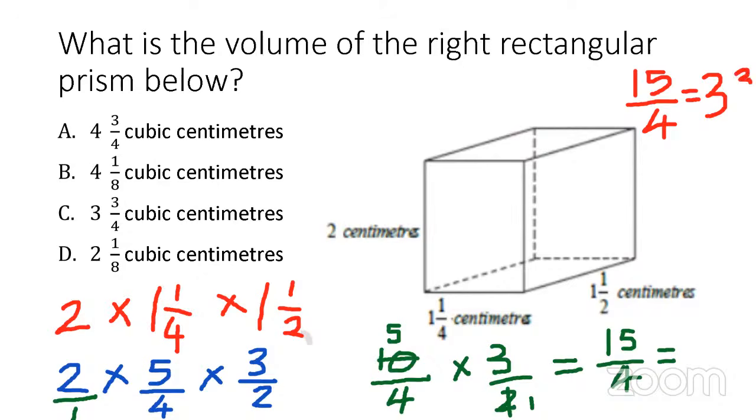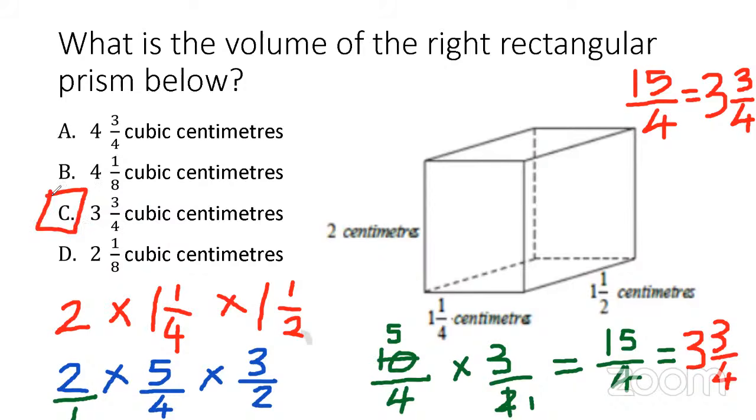So 3 fourths. So 15 fourths is equal to 3 3/4. All right, let me go check if this answer is there. 3 3/4. Okay, so that looks like our correct answer is C.